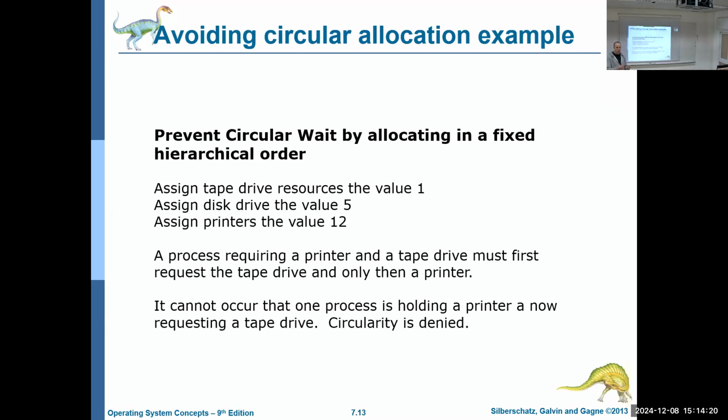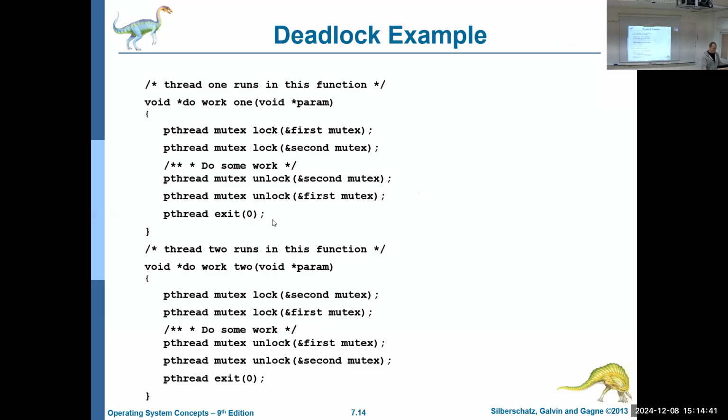It's the same kind of idea. You give a structure to the way they request. The requests have to be in a certain order. In the philosophers, they have to be in a certain order, depending on your odd or evenness. Then you have to go either left, then right, or right, then left. And here also there's a certain order. I have to go always up. And I have to request in the right order. So there can never be circularity.